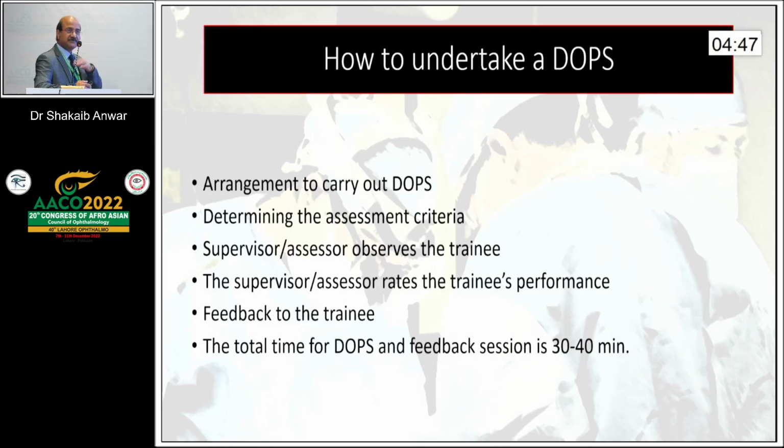The trainee arranges the place, whether a clinic or a ward or an OR, and he also procures the patient. He makes all the arrangements. He also arranges the score sheet or the pro forma for the assessor to judge, and then they determine together the assessment criteria, what is to be assessed out of this particular procedure.